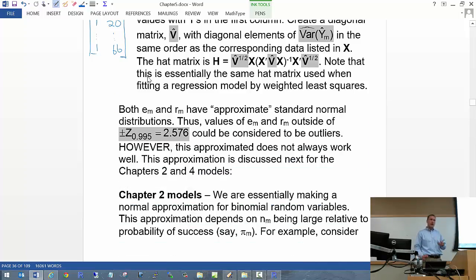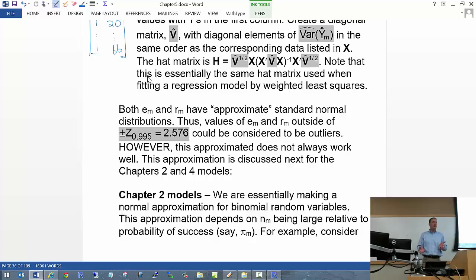Now, both the standardized Pearson residual and the Pearson residual have approximate normal distributions, where the standardized Pearson residual will be better approximated by the normal. What that means for us is, if you have, let's say, a standardized Pearson residual of about 5, that would be very unusual with respect to a standard normal distribution.